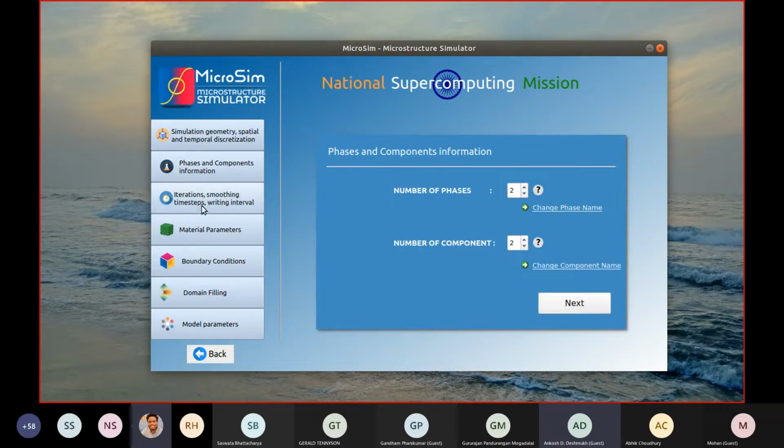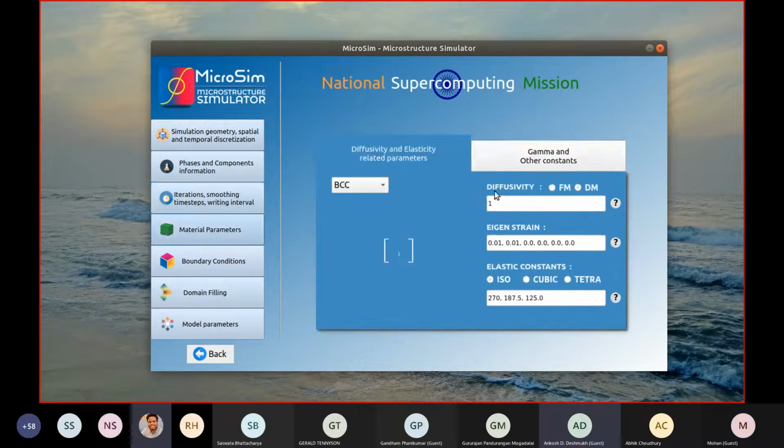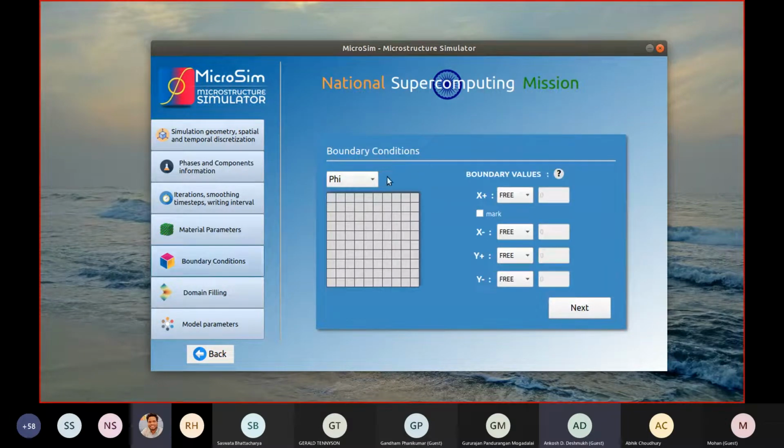Further down I'll go, to the number of time steps and the material parameters. This is BCC, both are BCC. I'm going to use the scale parameters, so I'm going to give diffusion as 1, here also 1, and then gamma, so these are all 1 values, for the material parameters and boundary condition. This is a Fourier transform, so implicitly it is going to take the periodic boundary condition.